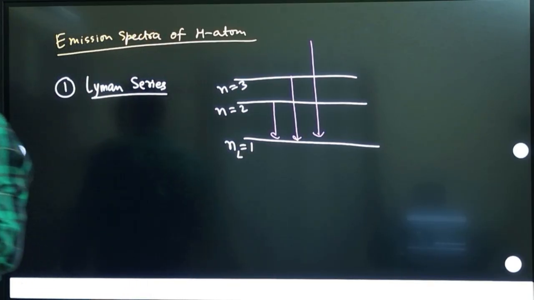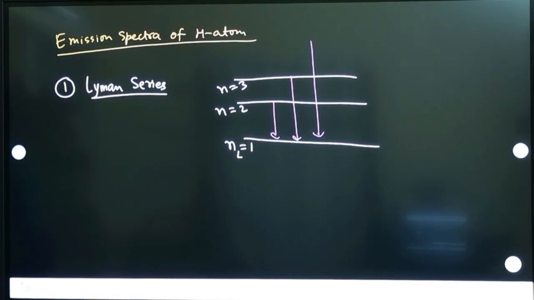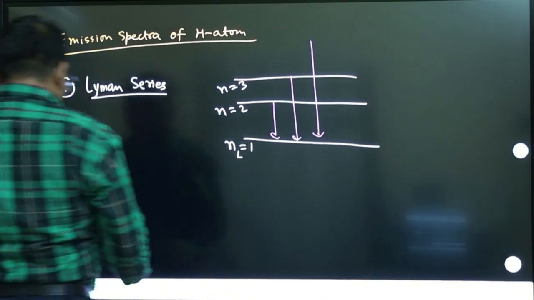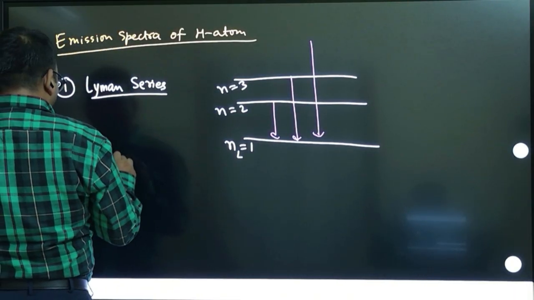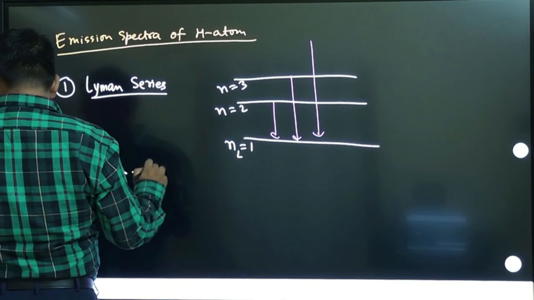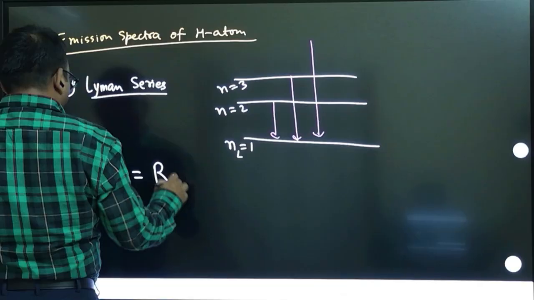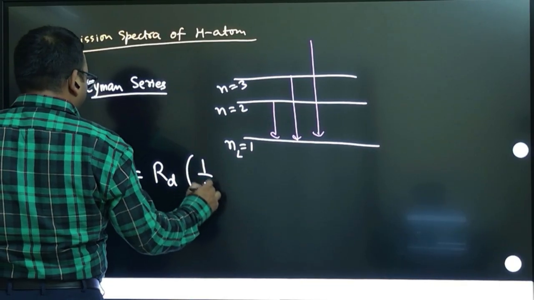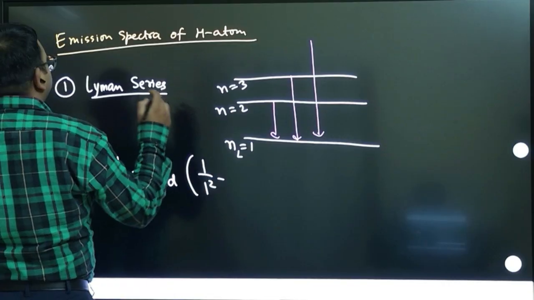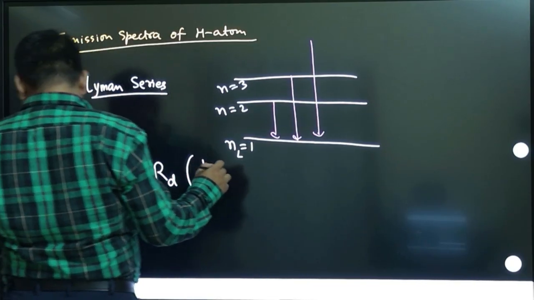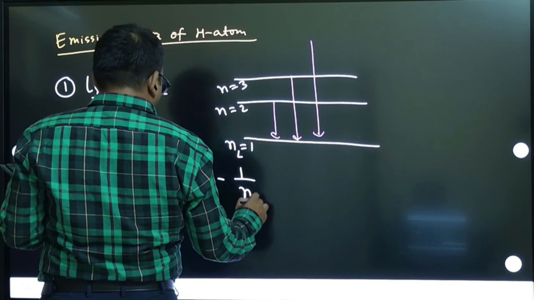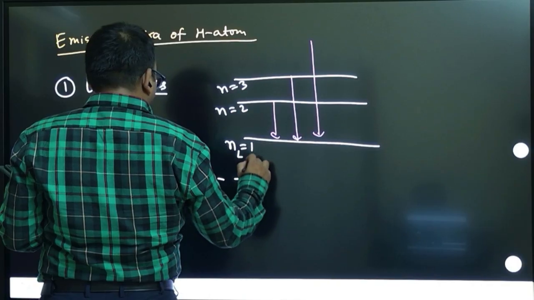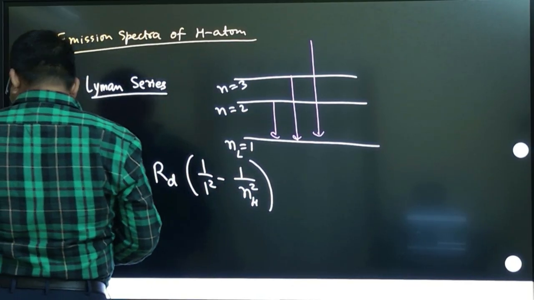We are talking of the Lyman series here. In the Lyman series, the formula for 1 by lambda is the Rydberg constant times 1 by 1 square, for hydrogen atom Z is 1 here, minus 1 by n higher square, because n lower is 1.